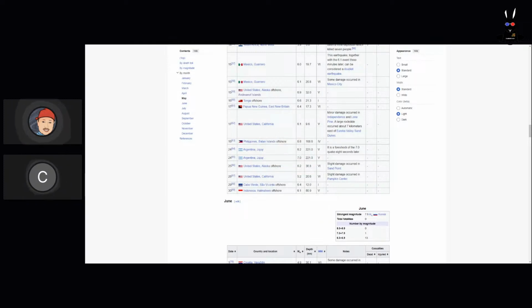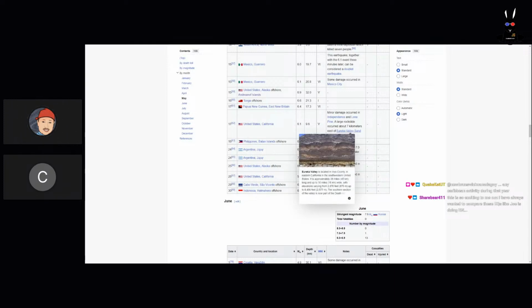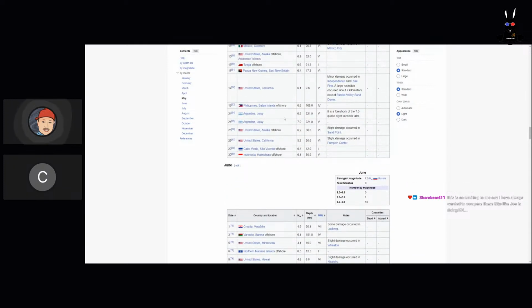Well, they got it. It says minor damage occurred in Independence and Lone Pine. A large rock slide occurred about 7 kilometers east of Eureka Valley sand dunes. Part of Death Valley. Okay. That's interesting.